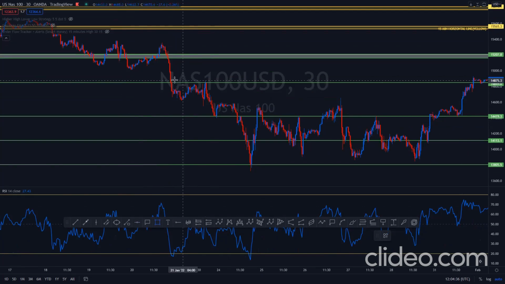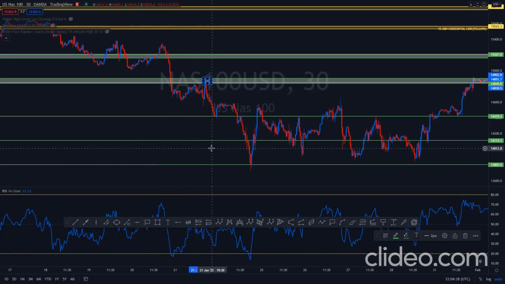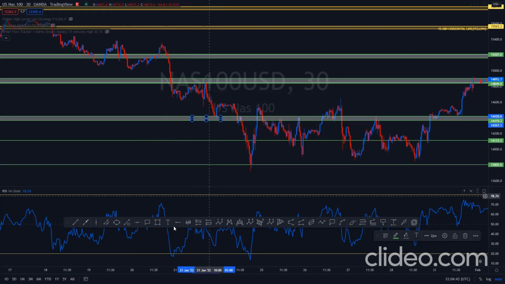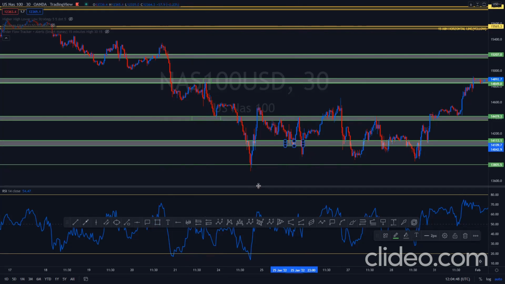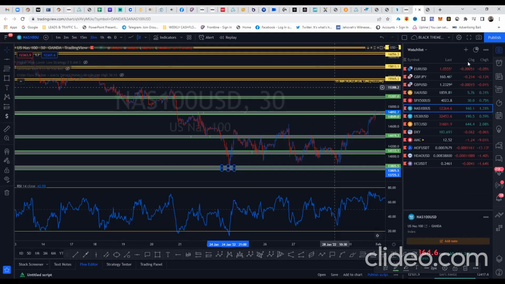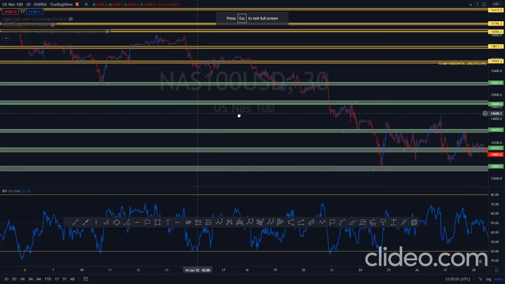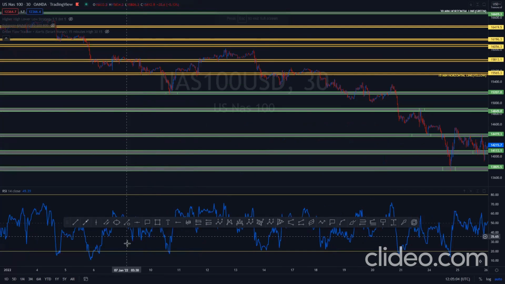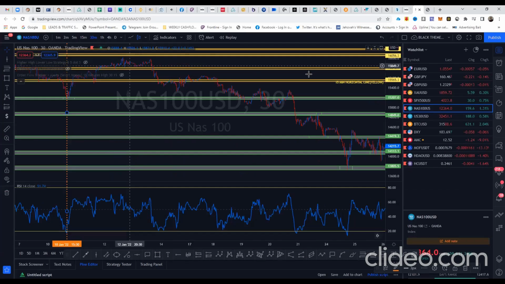So I'm going to mark this up here. Now that I pretty much marked up the 30-minute, I'll put a vertical line right here. So now I'm going to move on to the 1 hour.